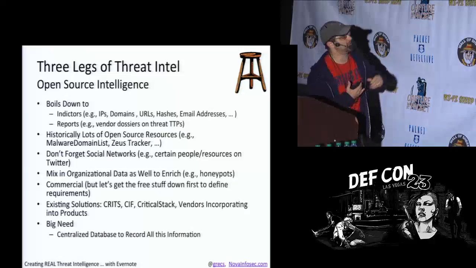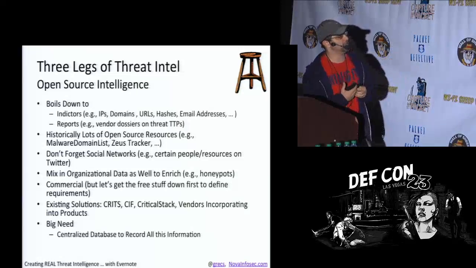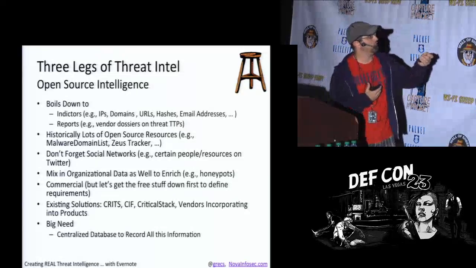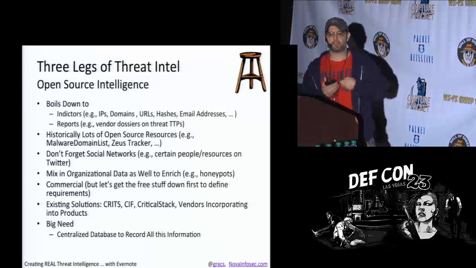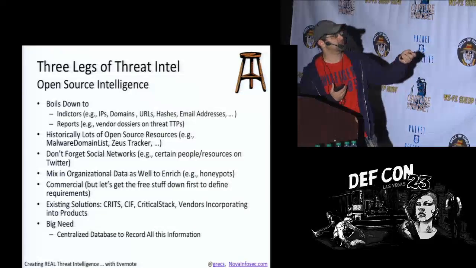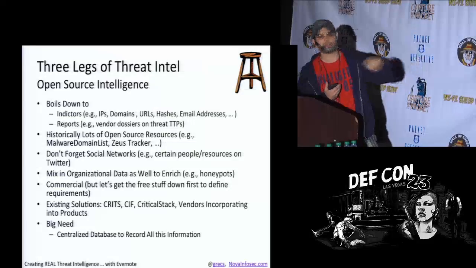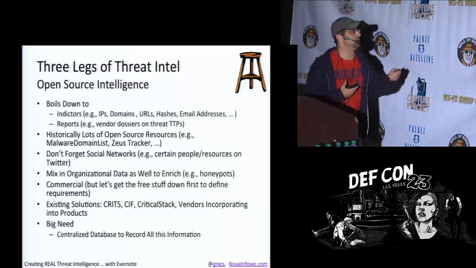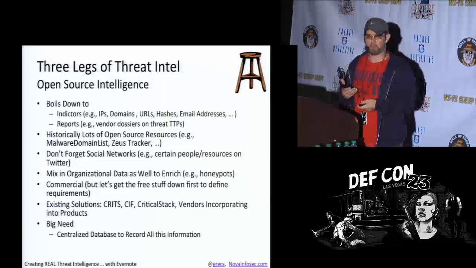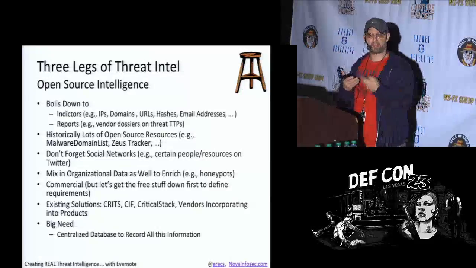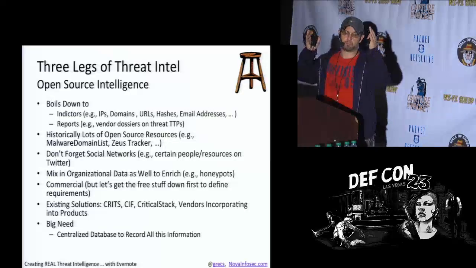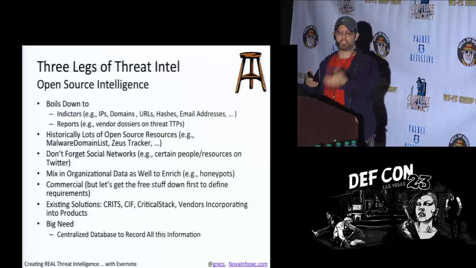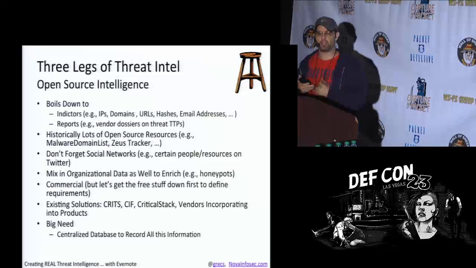So, just talking about some of the different types of intel that's out there. Open source: we talked a little bit about this. You have these basic building block things like IPs, domains, URLs, etc. And then you have the reports that come out, and to me, that's more threat intel, where they have a specific actor and what their TTPs are.